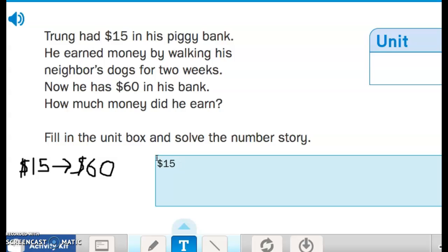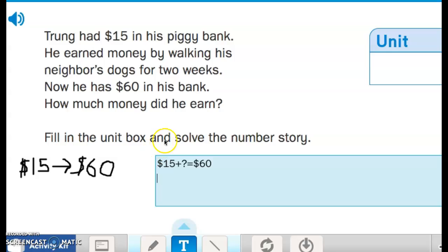We don't know how much we're adding. We're adding something, and it's going to equal $60 at the end. So we can think about, how much money is he going to have to add to get to $60?